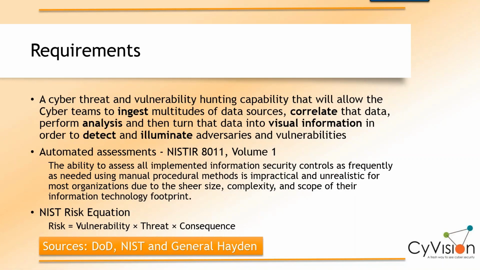And then this slide really addresses three things that we do that no one else does. So right away, you're going to have a differentiation with your customers, or potential customers. Now, the first bullet came from a DoD Defensive Cyber Operations RFI or RFP. I think it might have been an RFP. The key element here is that they wanted something that could ingest multitudes of data sources.